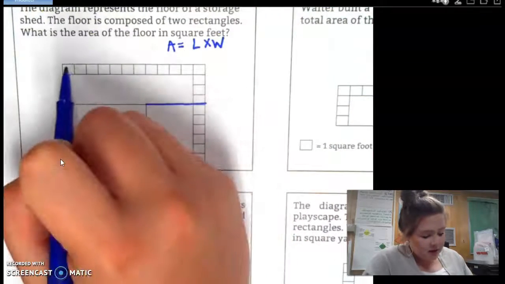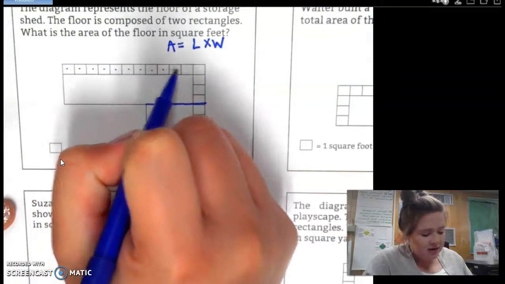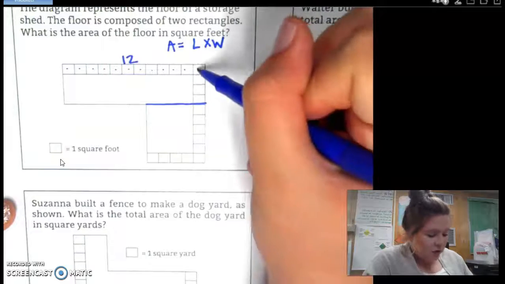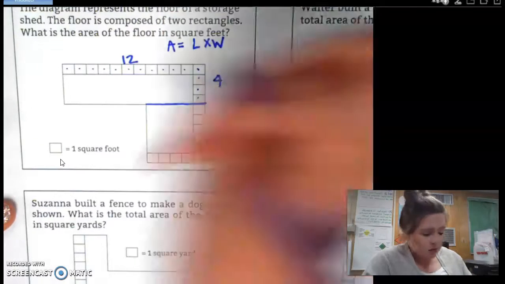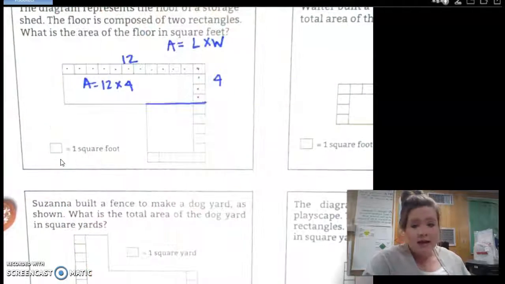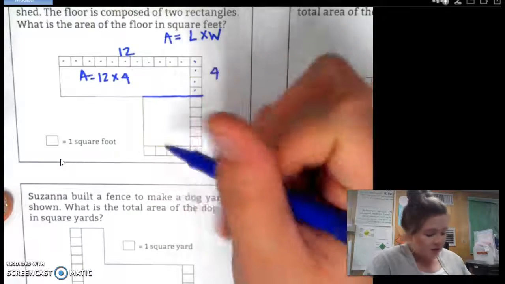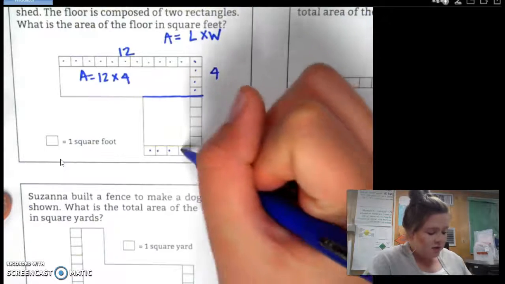Let's do the length. 1, 2, 3, 4, 5, 6, 7, 8, 9, 10, 11, 12. And then the width. 1, 2, 3, 4. Okay. So area equals 12 times 4. Let's find the length of this one. 1, 2, 3, 4, 5.